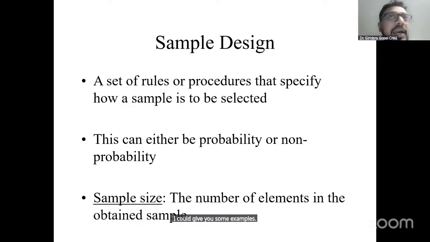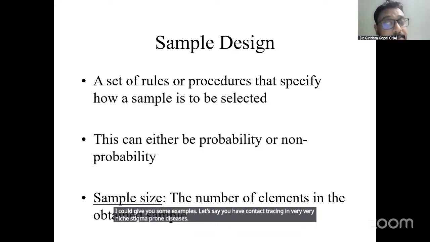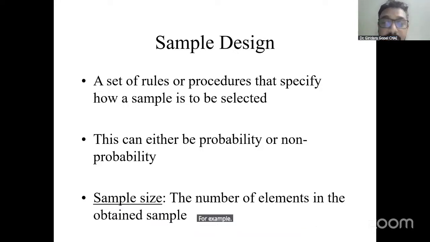Let's say you have contact tracing in very, very niche, stigma-prone diseases. For example, intravenous drug use, sexually transmitted infections, HIV. I mean, yes, HIV is part of STIs, right?